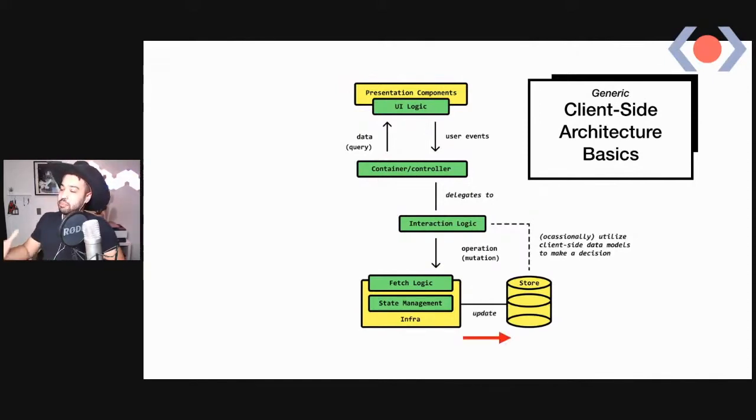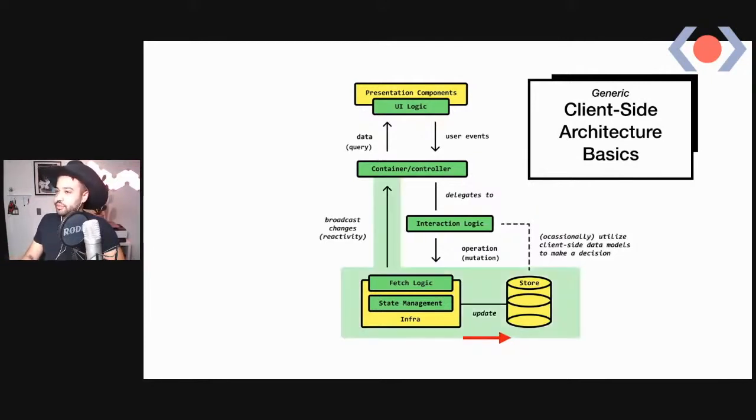And then in the state management code, we need to shape the response into the format that the client needs it to be in, attach any local state variables to the response objects, and then figure out a way to uniquely add, merge, and remove data from the store. And finally, we need the UI to update. We need that data to flow back all the way through to the presentation layer.